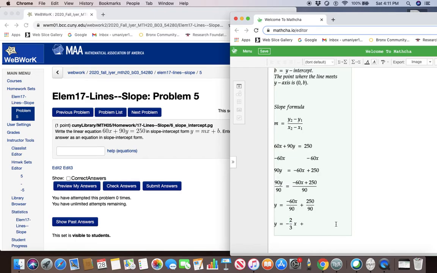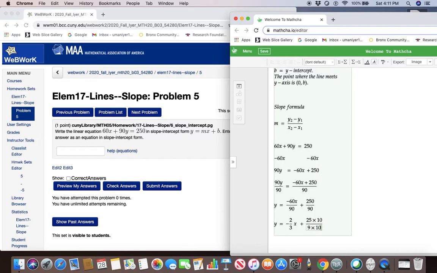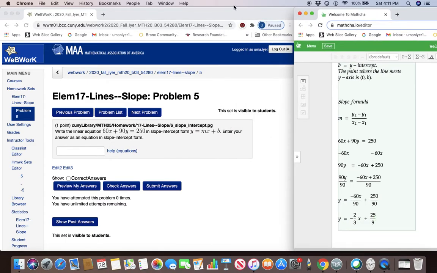Now likewise over here, let's look at the fraction 250 over 90. 250 is nothing but 25 times 10. 90 is nothing but 9 times 10. So you see 10 cancels in both of them and nothing else can be reduced. So slope-intercept form is, let's write this carefully, y equals negative 2 over 3, write the fraction in parentheses, then x, plus the fraction 25 over 9.